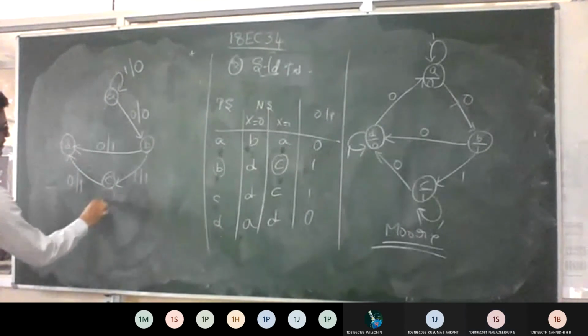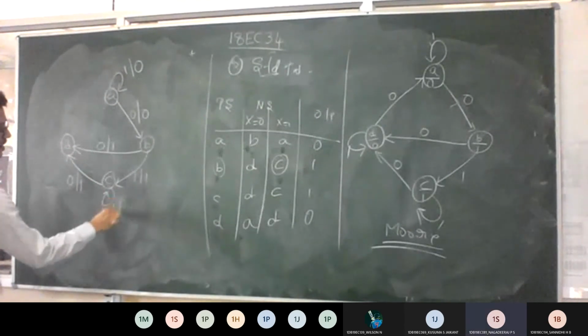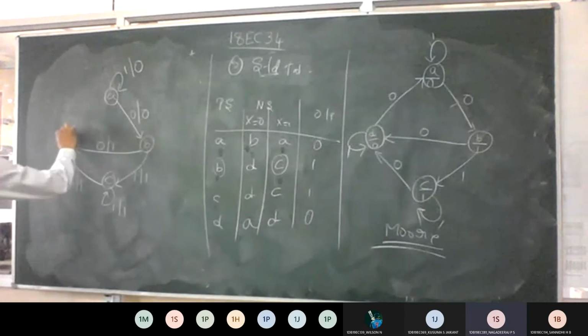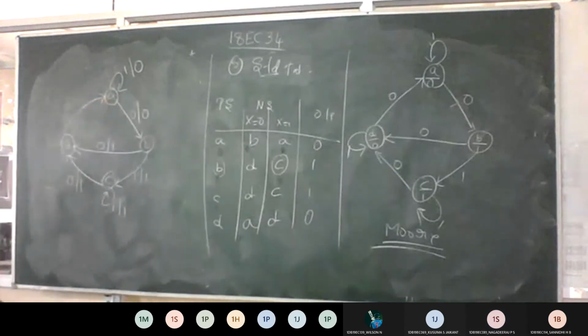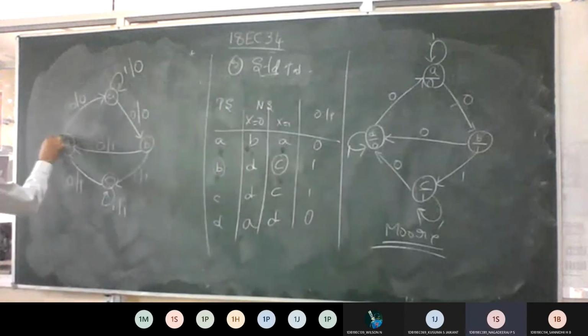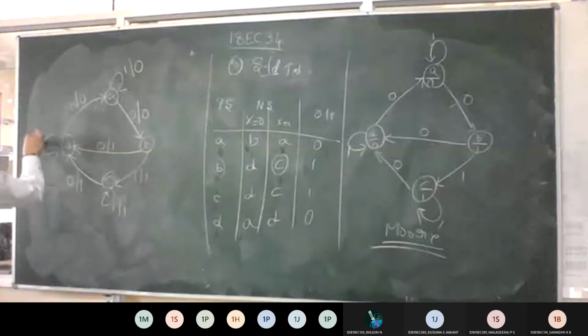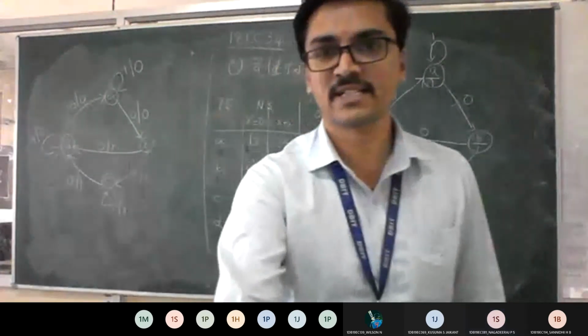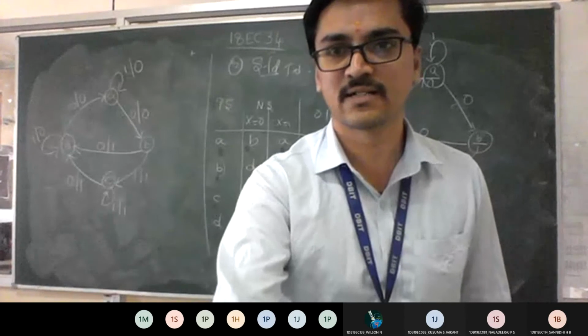C to C connection is there, input 1, output 1. Agree? Next, D to A connection is there with input 0, output 0, and D to D itself with 1, output 0. So this is how the difference between Mealy and Moore occurs.